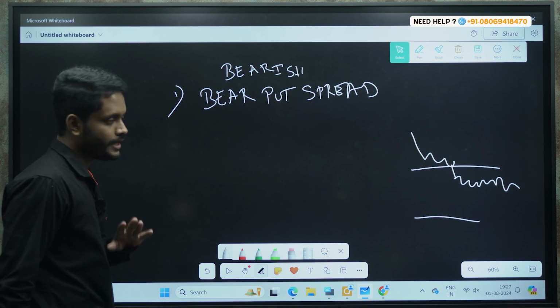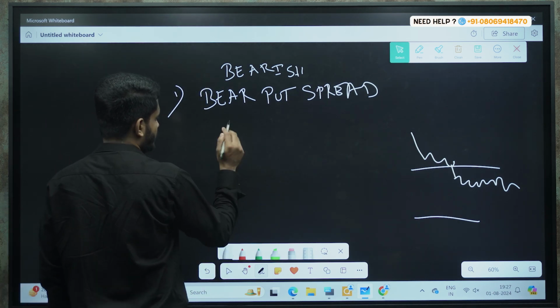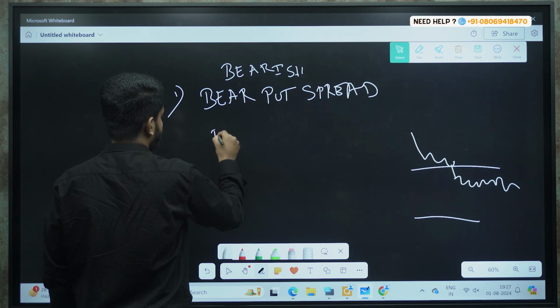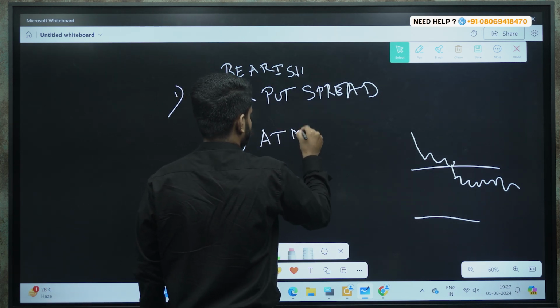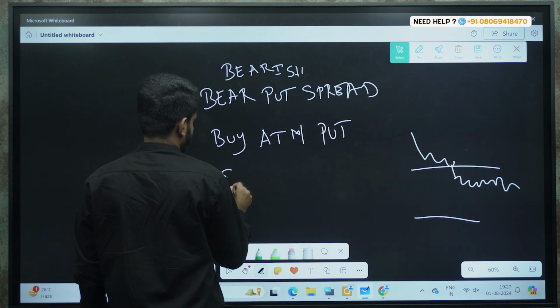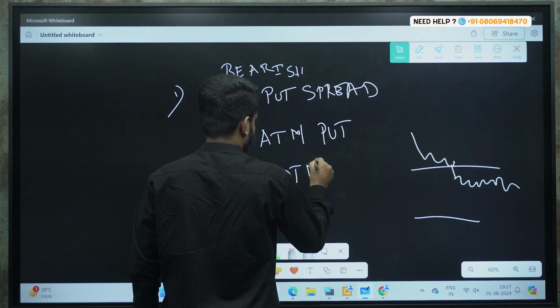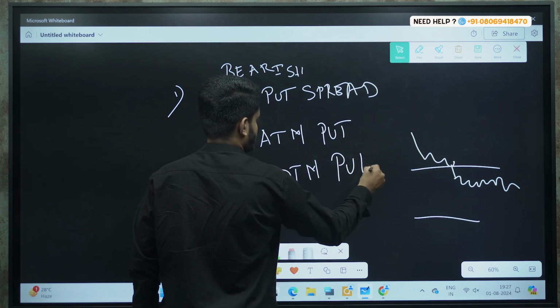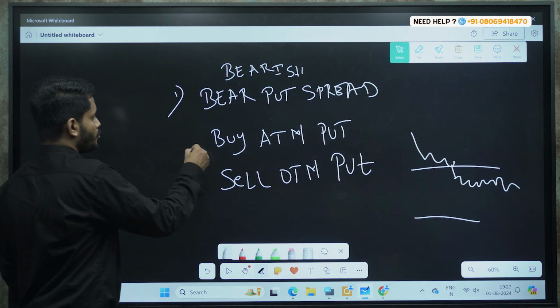So in order to avoid that, what is a bear put spread is, the first leg you will be initiating is buy an ATM put. So you will be executing two legs.